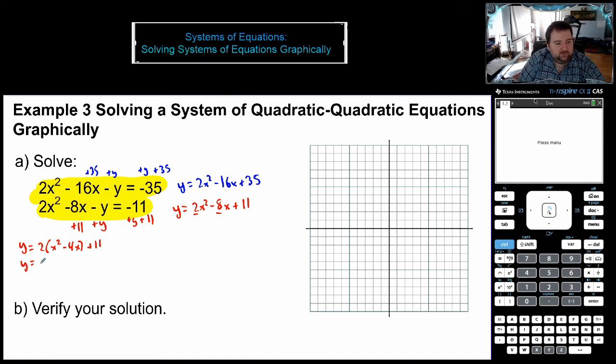Now I'm going to continue completing my square. I'm going to take the b value of this, so negative 4, divided by 2 is negative 2. Negative 2 squared is plus 4. So I'm adding 4 on the inside, which means I need to subtract 4 on the outside. But remember that there's a 2 here. So rather than doing minus 4 on the outside, I need to multiply that by the 2.